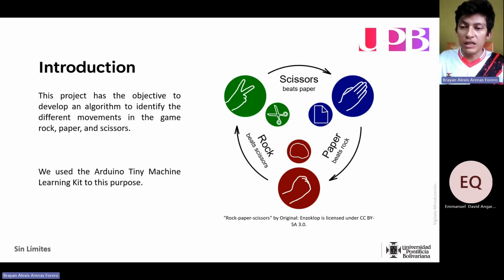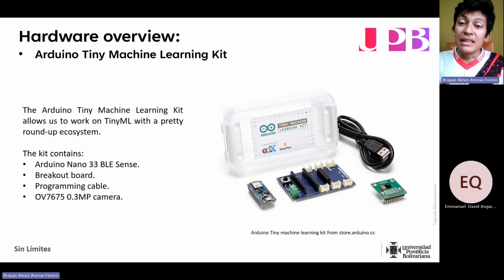To achieve this goal, we have used the Arduino Tiny Machine Learning Kit. This kit has provided us with the necessary tools to capture, process, and analyze the data for our algorithms. The Tiny Machine Learning Kit is a powerful tool that allows us to develop and experiment with machine learning applications in a compact and accessible format. This kit is especially relevant to our research for several reasons. The Arduino included in the kit comes with a variety of built-in sensors.